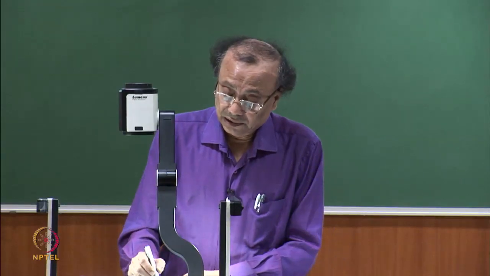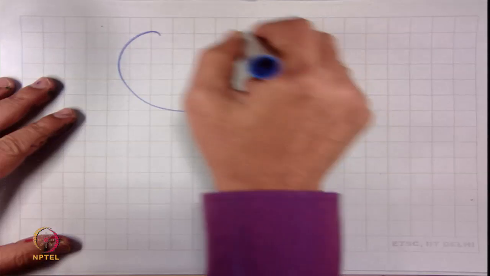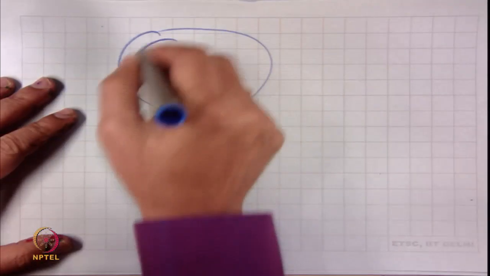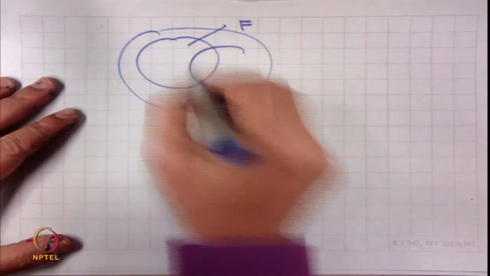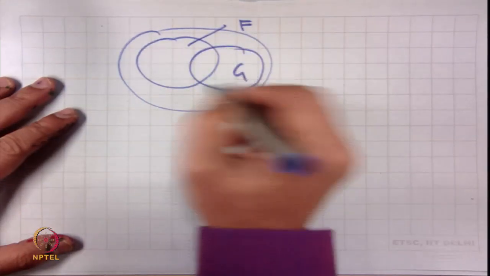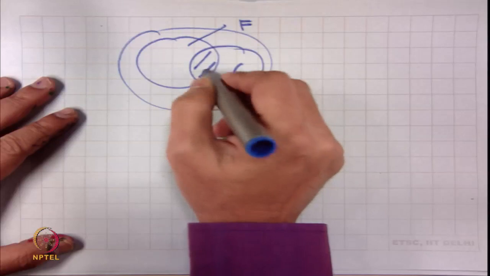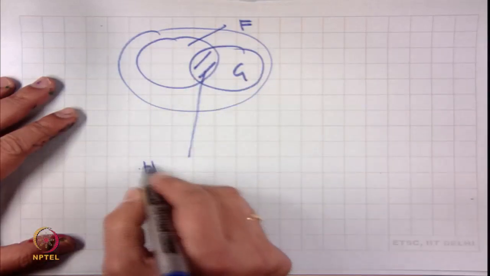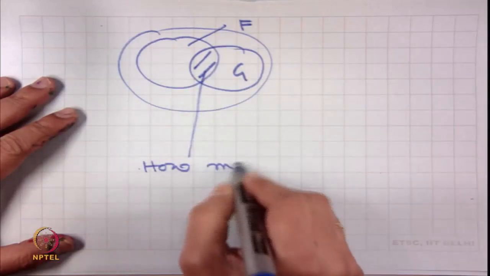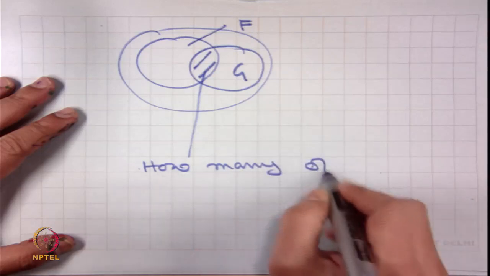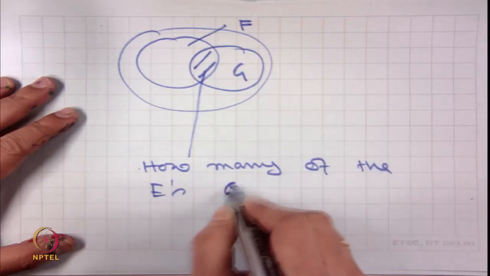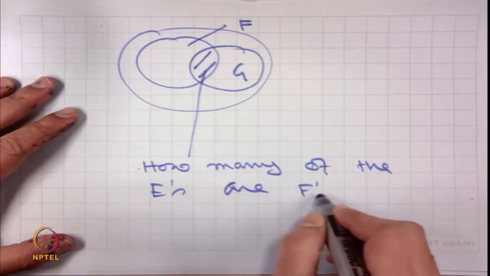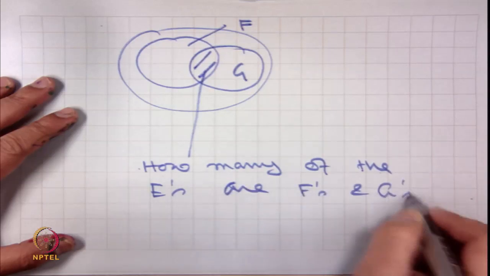That is, suppose we have E of which this is F and this is G, we want to infer how many of the E's are F's and G's.